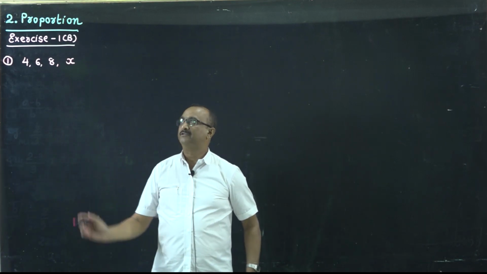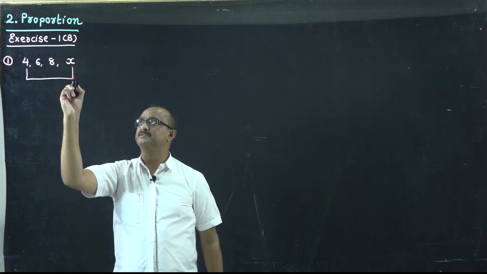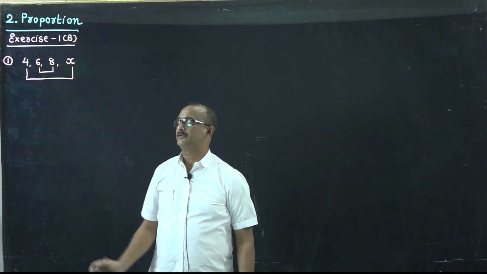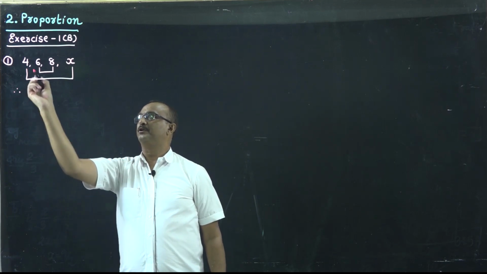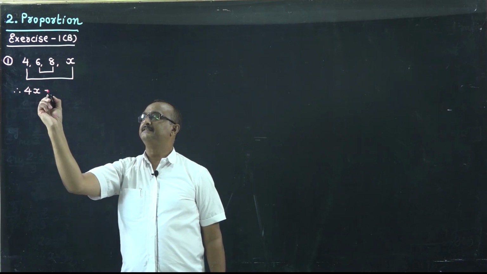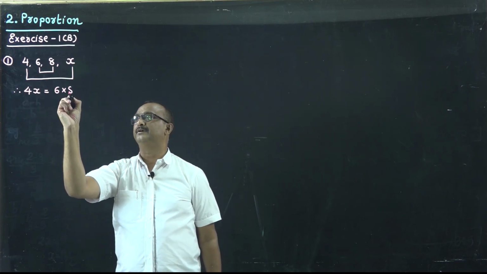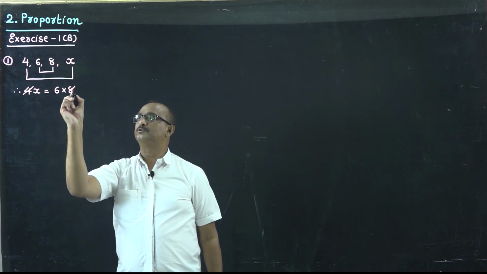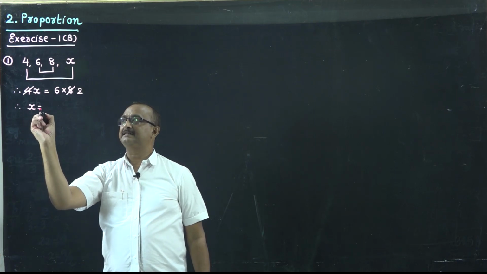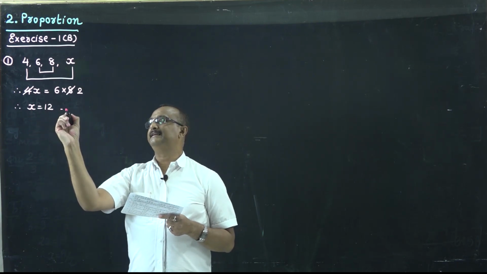What is our formula? Product of extremes equals product of means. So product of extremes is 4x equals product of means, 6 into 8. 4 2s are 8 and our answer is x equal to 12. Option A is correct.